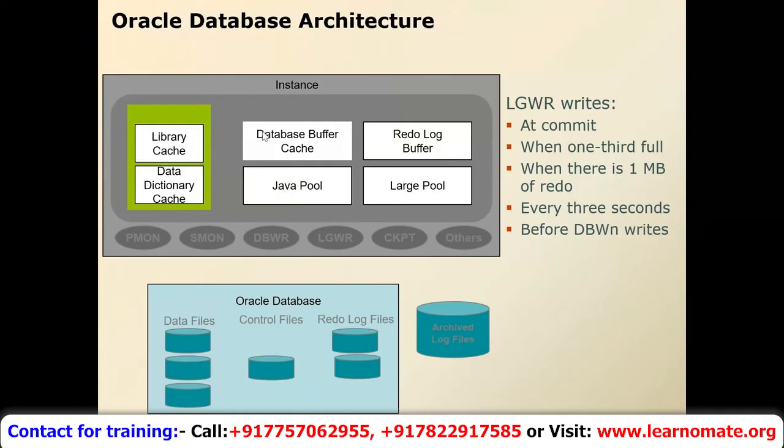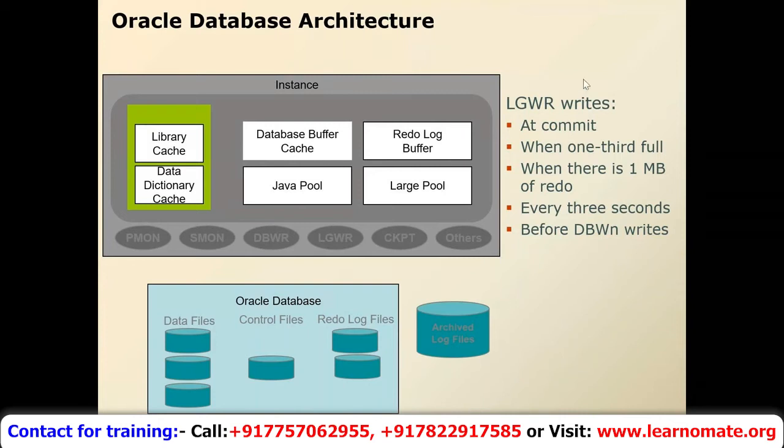Along with that, the database writer process helps in writing the data to the data file from the database buffer cache. Now you have the changes also written into the redo log buffer. So the redo log buffer writes the data to the redo log file with the help of the background process log writer. The log writer process writes the data from the redo log buffer to redo log files.